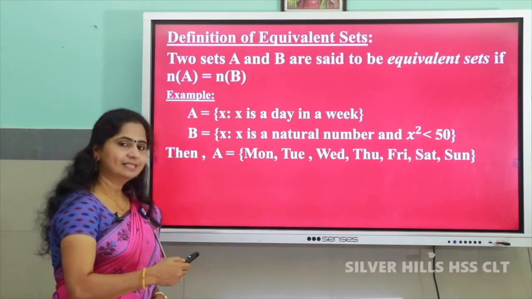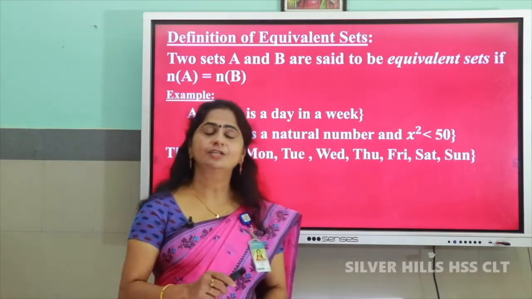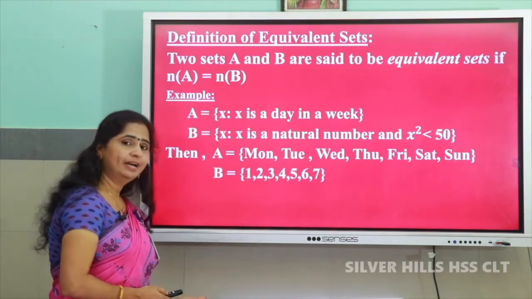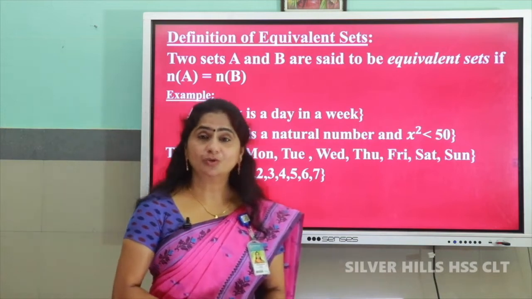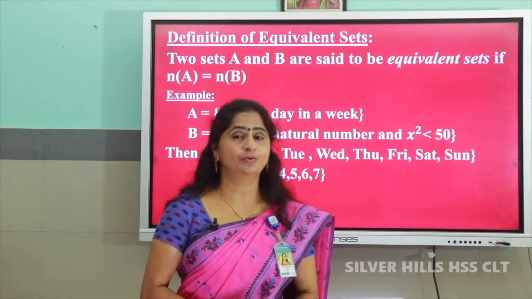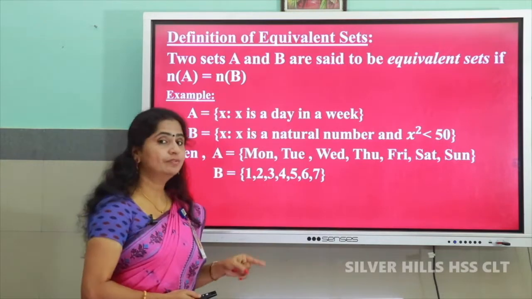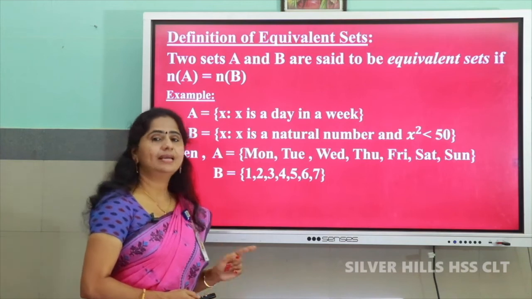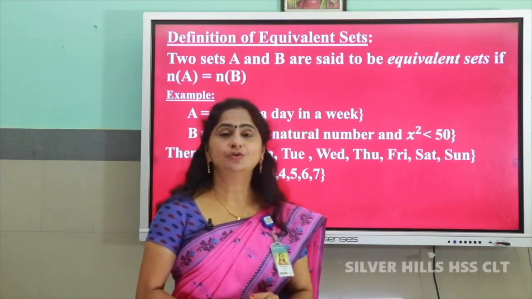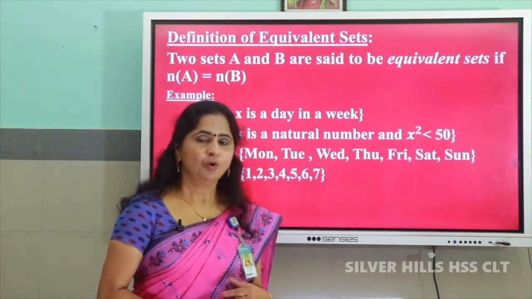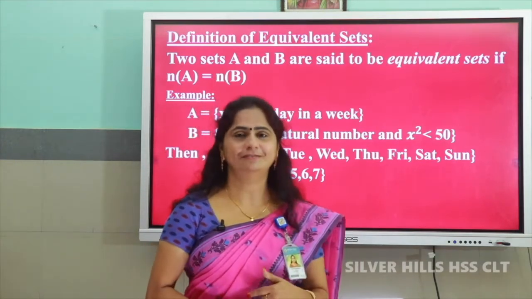Now the B set, the condition is the square of that natural number should be less than 50. So what numbers do we have? 1 square, 2 square, 3 square, 4 square, 5 square, 6 square, 7 square. Squares of these numbers are less than 50. Therefore, B is the set 1, 2, 3, 4, 5, 6, 7 whose square is less than 50.